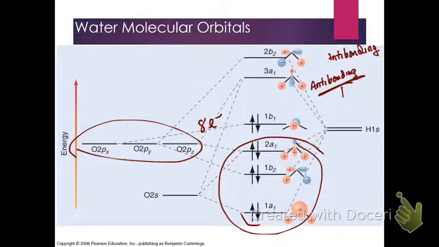And then we actually have what we would call a non-bonding orbital here, because, as we said earlier, that is really just a p orbital on the oxygen atom. So it's not really involved in bonding at all. So we just refer to that as a non-bonding orbital. And of course you'll notice that in the ground state we have 2 electrons in that non-bonding orbital.